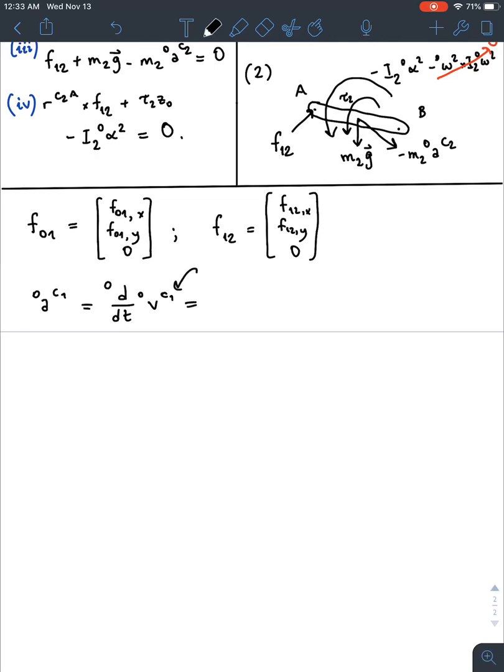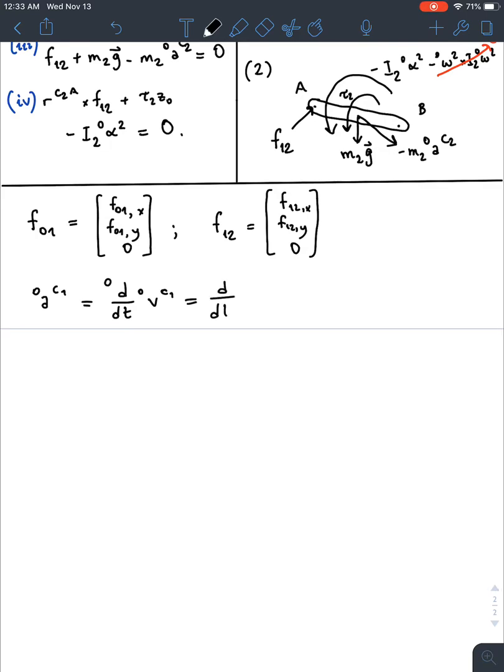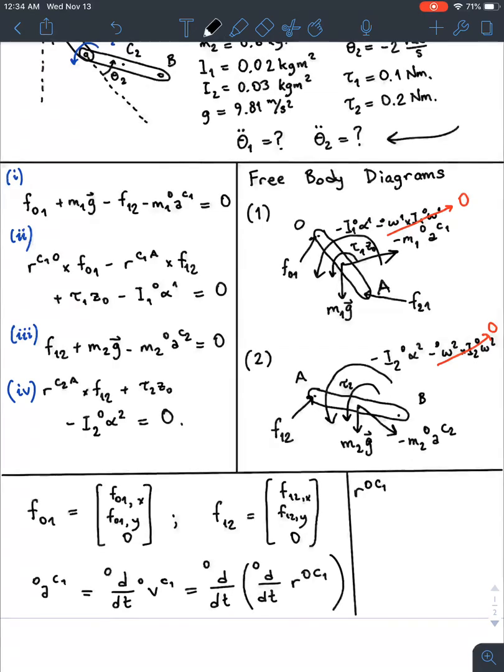Well, to find the velocity of the point C1 in the zeroth frame, I need to take the derivative of a position vector that goes from a point that's fixed in the zeroth frame, let's call it the point O, to C1, right? So of course, the question then is, what is R O C1 in terms of those thetas?